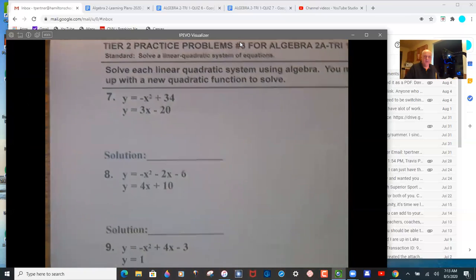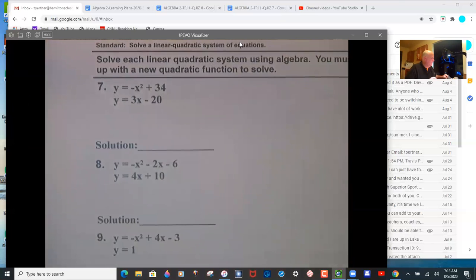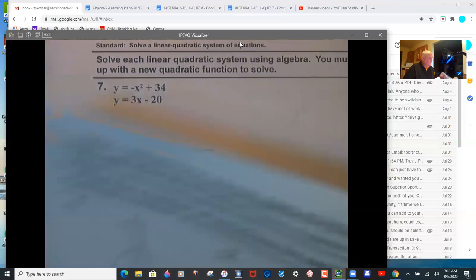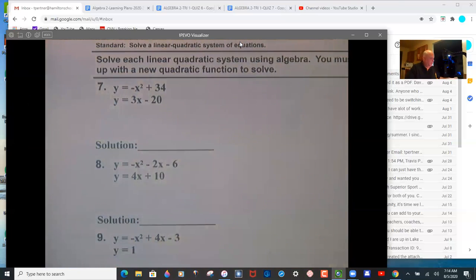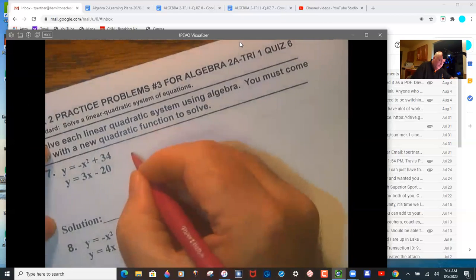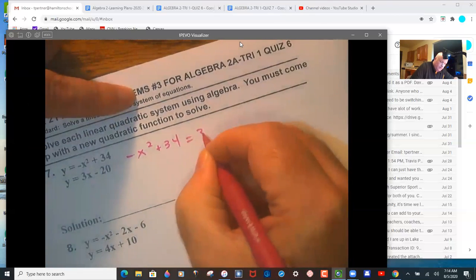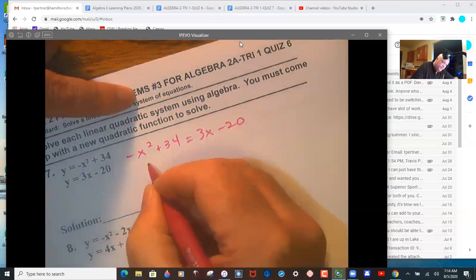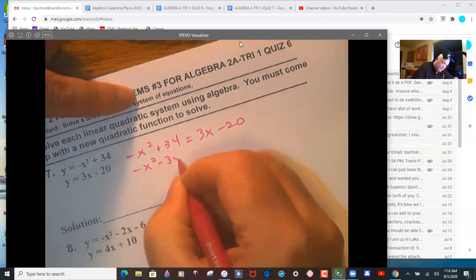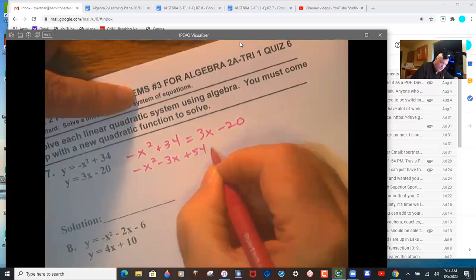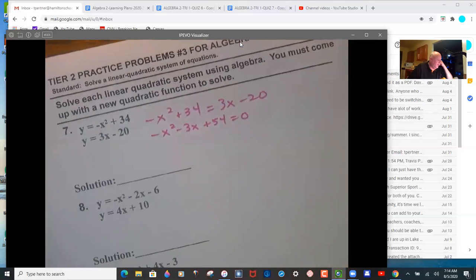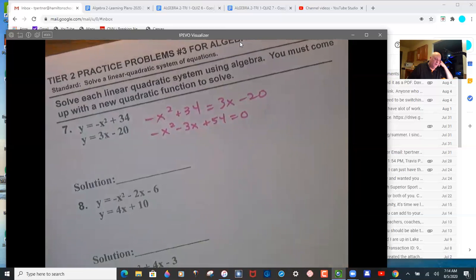Okay, second page. Again, I need to see the simplified quadratic as you do this. So you're going to set them equal to each other and take everything to one side. So -x squared minus 3x plus 54.